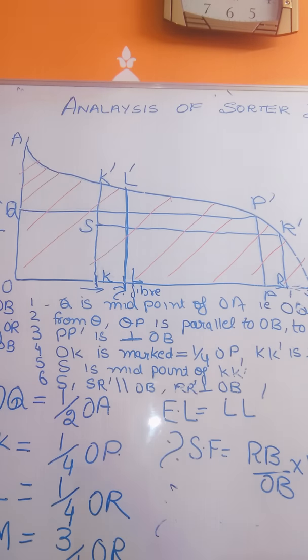So friends, from this diagram we have calculated the effective length. The effective length is given by the length of the line LL dash, and this is the length which is defined as the main bulk of the longer fibers.